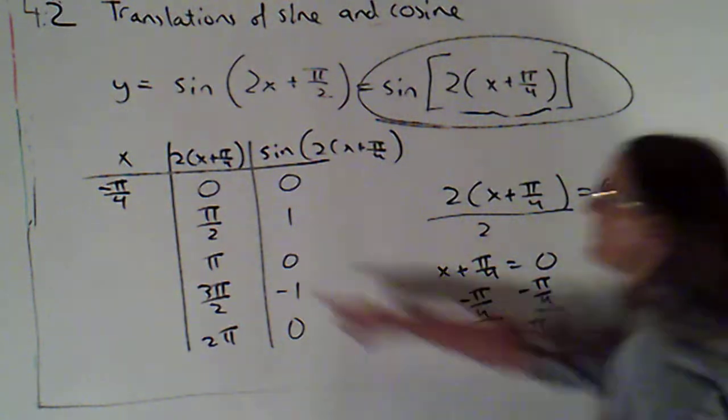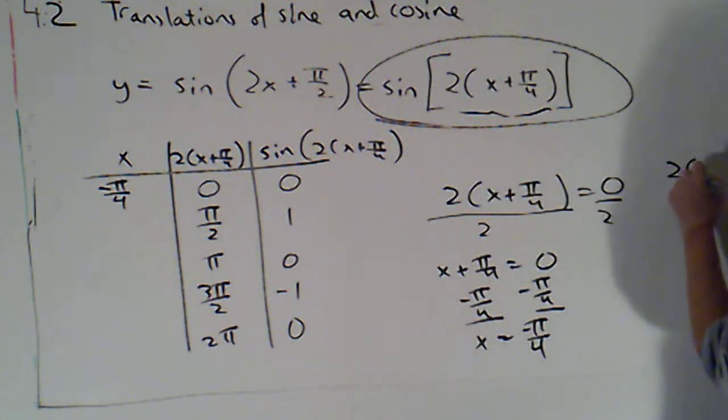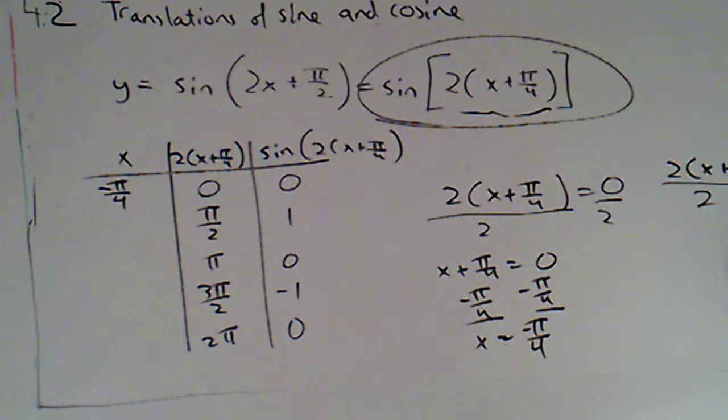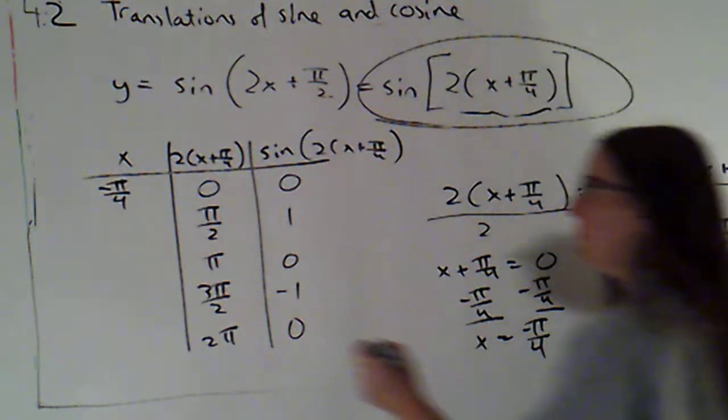Now this is saying that 2 times (x plus pi over 4) is equal to pi over 2. To solve for x, I'll divide by 2. That's the same as multiplying by a half. So x plus pi over 4 is equal to pi over 4. Nice. When I subtract pi over 4, I get x is equal to 0.